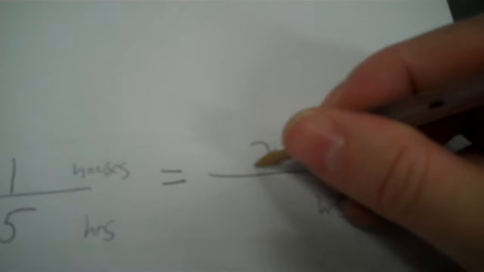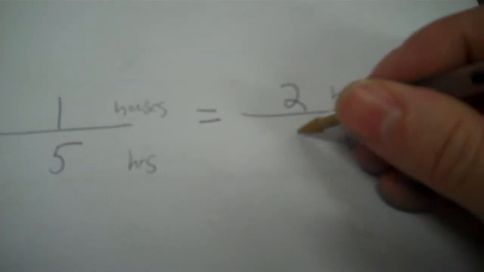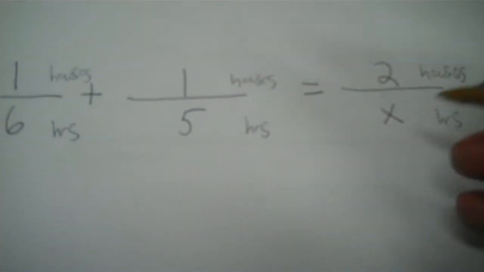So for the ratio, I know it takes him 6 hours to paint 1 house. The other one takes him 5 hours to paint 1 house, so 1 house in 5 hours. Between the two, they have to do 2 houses, and I don't know how many hours. That's what I'm trying to figure out.